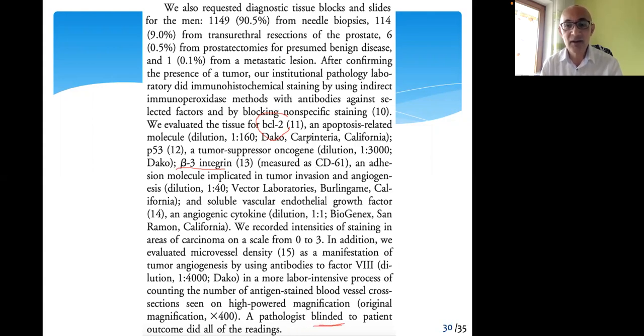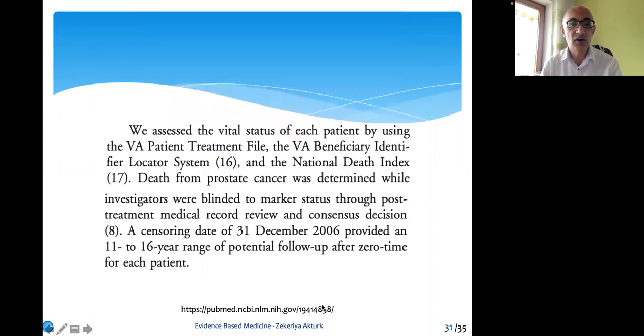When I see that the pathologist was blind, because if the pathologist had been aware of the outcome, whether there is mortality or not, if the patient has died, the pathologist might be biased in his interpretation. It is very important that it is blinded, and that is mentioned here. What else?